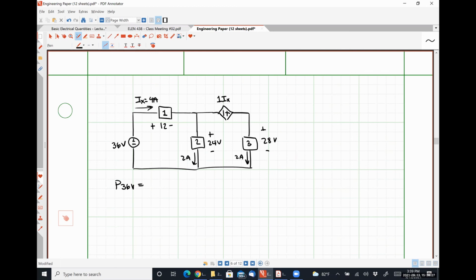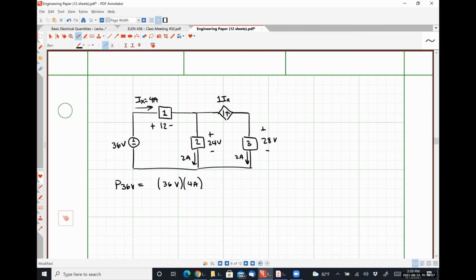When we look at the 36-volt source, my voltage is obviously 36 volts. How much current is flowing through my 36-volt source? 4 amps. Is that 4 amps of current flowing into the positive polarity terminal or out of the positive polarity terminal?